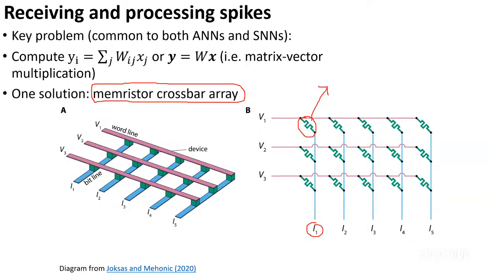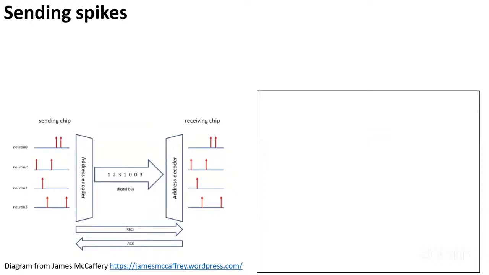So this is a typical memristive crossbar array that mimics the synapse in the neuromorphic domain, and it is used for matrix multiplications and multiply and accumulate operations.